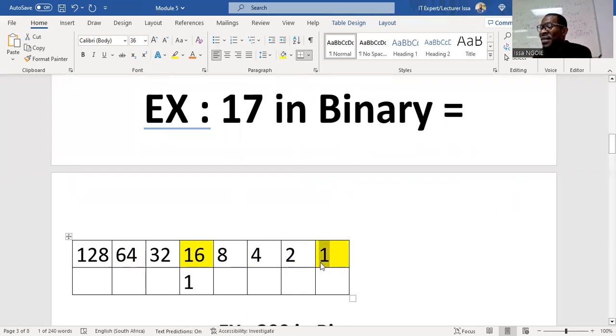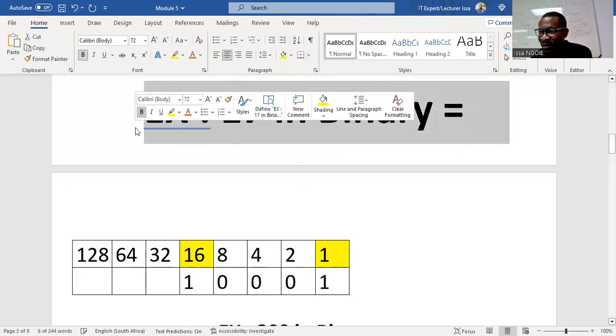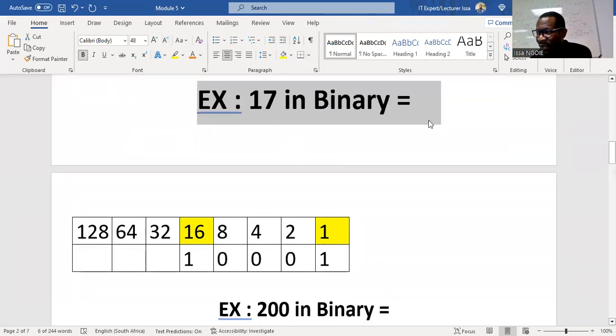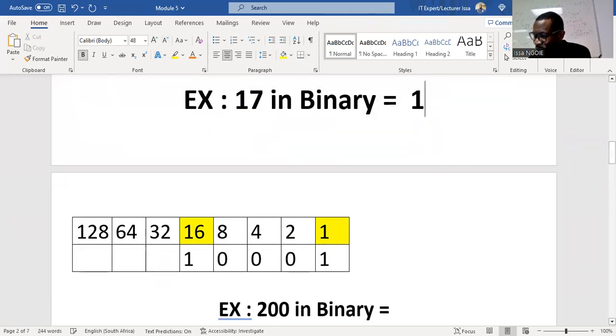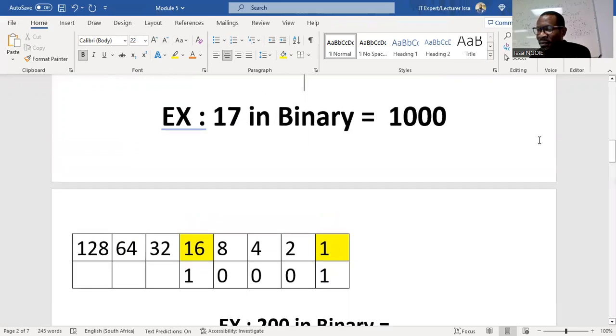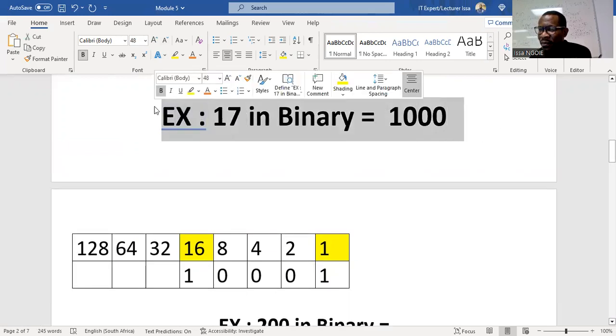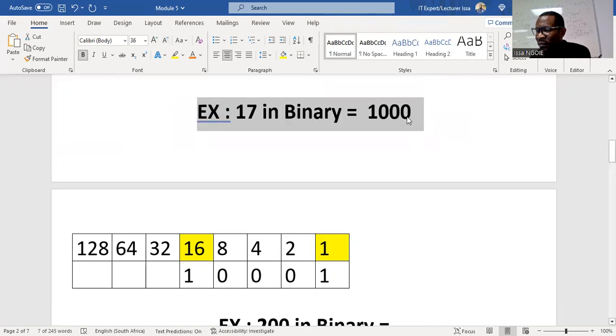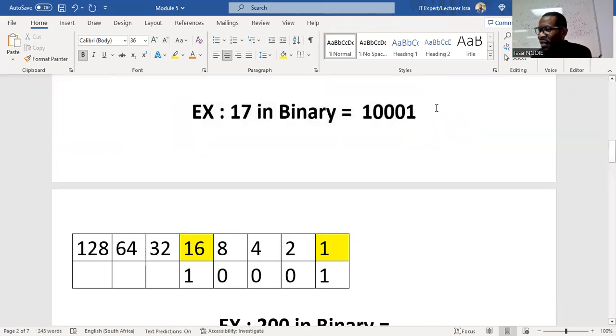That's going to be 17. So there it's 1. And here 0, 0, 0. Right? So 17 in binary is 1, 0, 0, 0, 1. Right?